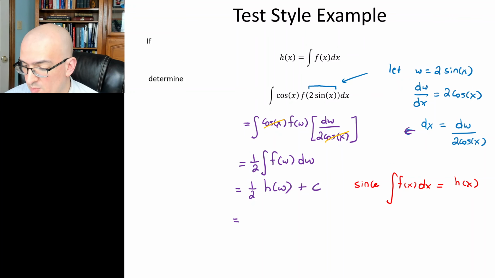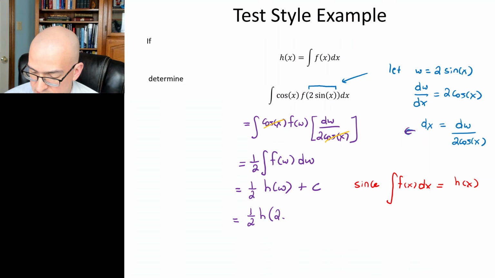Okay, and now we can go back to undo the substitution. We can let w equal 2 sine of x. So 1/2 times h of 2 sine of x plus c.